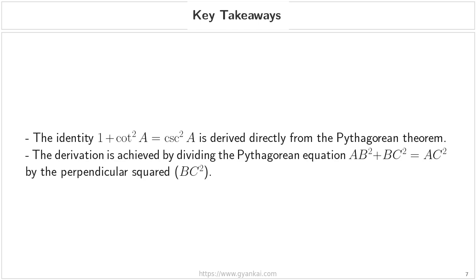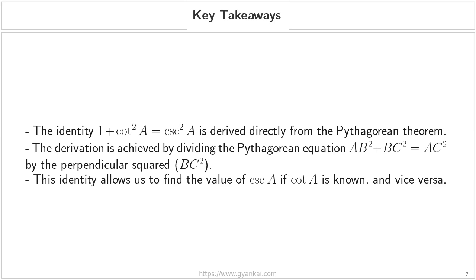To recap the process we just walked through, the derivation is achieved by taking the Pythagorean equation, OB squared plus BC squared equals AC squared, and dividing every single term by the perpendicular squared, which is BC squared. This specific step is what allows us to transform side lengths into trigonometric ratios.